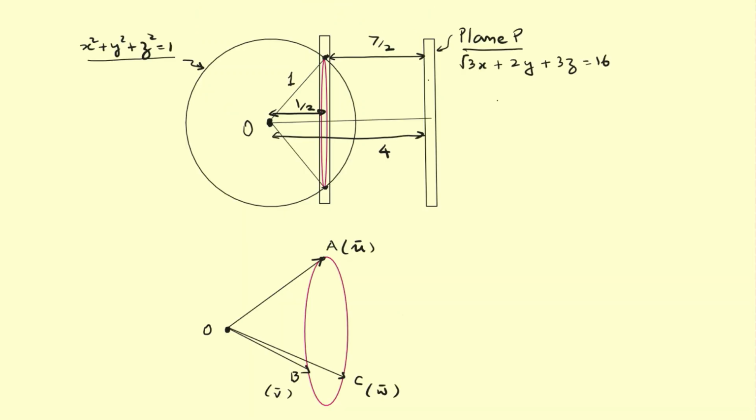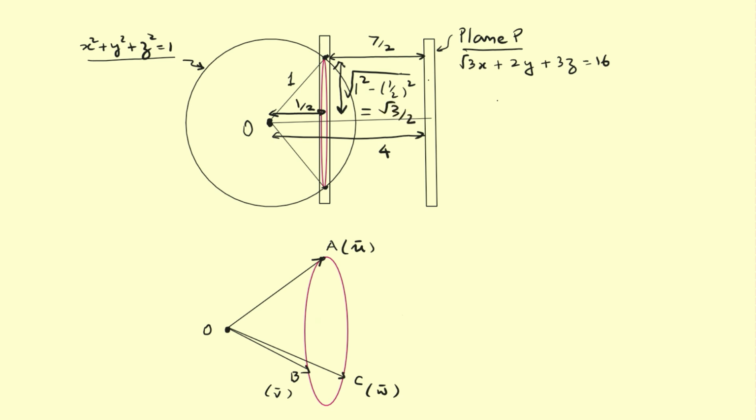Now if we go back to the earlier diagram, we can see that this distance is 1 and this distance is half. So we can find the radius of the circle using Pythagoras. It will be root over 1 square minus half square, and this gives us the radius of the circle, which is root 3 by 2.